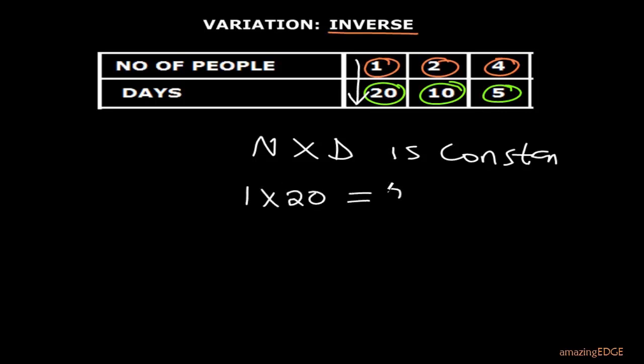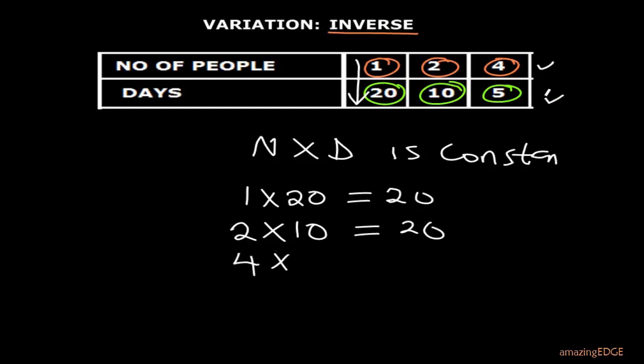So this gives us 20. If you come to the second column, where the number of people is 2, then the number of days is 10. So 2 times 10 gives you 20. If you come to the third column, the number of people there is 4, and it will take them 5 days. So if you look at the product, 4 times 5 gives you 20. So you see that something must be constant. In variation, there will always be a constant.